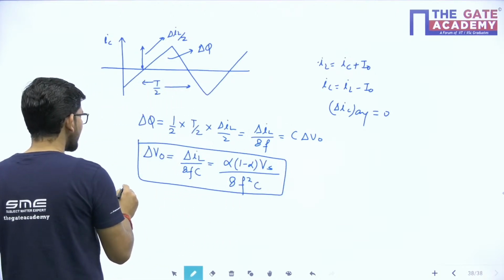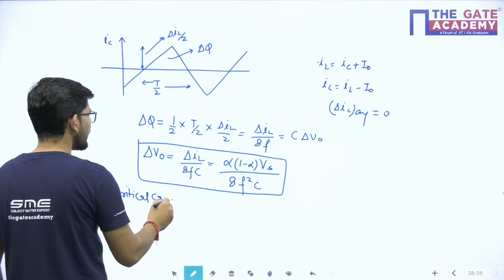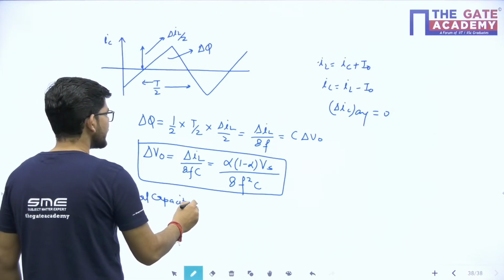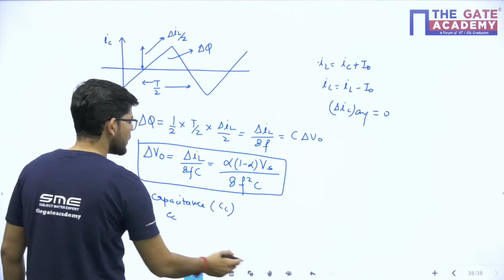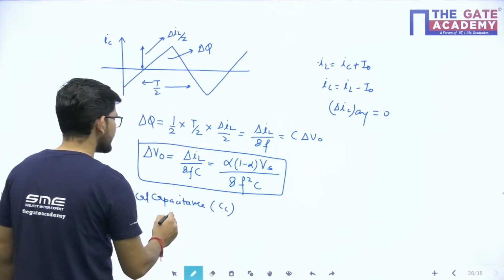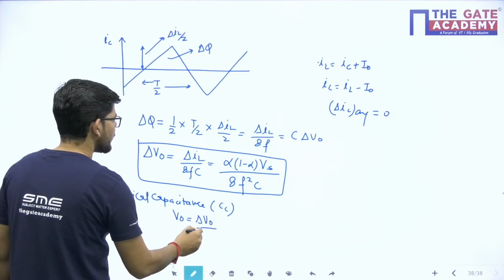Now critical capacitance, another important formula. This will be Cc. At critical capacitance, what do we have? At critical capacitance we have V naught equal to del V naught by 2.